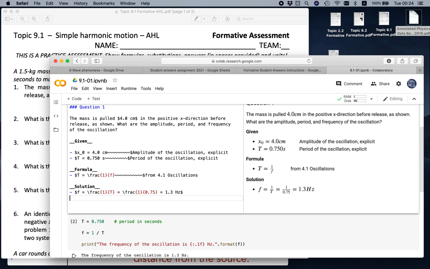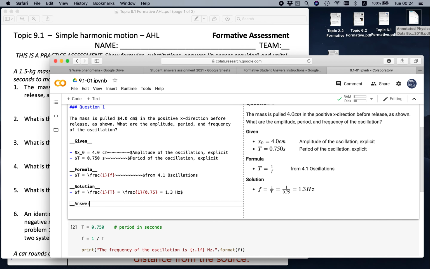And to make it nice, we can also write an answer. Amplitude and period are given.